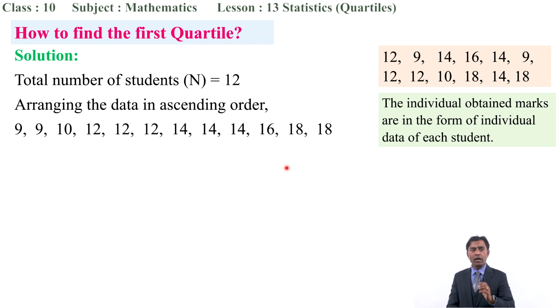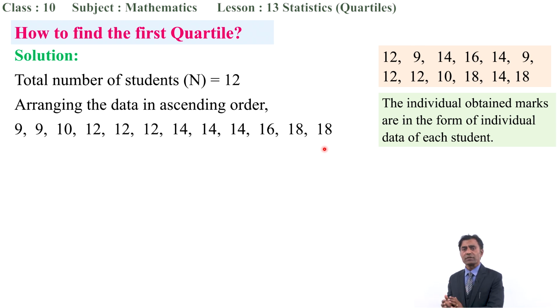Among the given marks, 9 is the smallest. 9 was obtained by 2 students, so 9, 9, and 10 was obtained by 1 student, so only one 10 here. 12 was obtained by 3 students, so 12, 12, 12. 14 was obtained by 3 students again, so 14, 14, 14. 16 was obtained by a single student, so only one 16 is written here, and 18 is written 2 times because 2 students obtained 18 marks. So we write the obtained marks in ascending order.